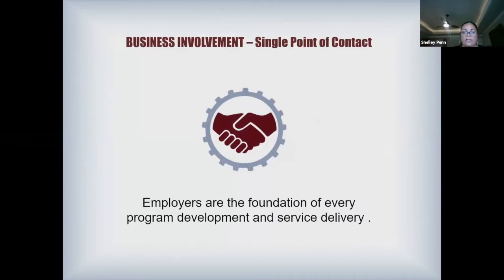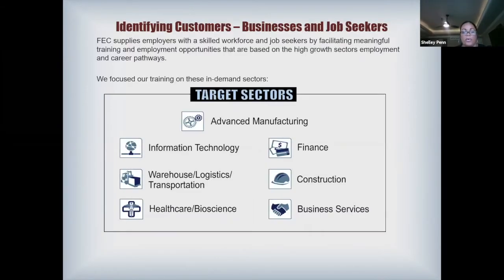One of the things that we try to do, and just to go back, we're also the fiscal agent, but we also provide services. So we're a little unique there. Our business services team is made up of Full Employment Council staff, Division of Workforce Development staff, vocational rehabilitation staff, and rehabilitation for the blind staff.